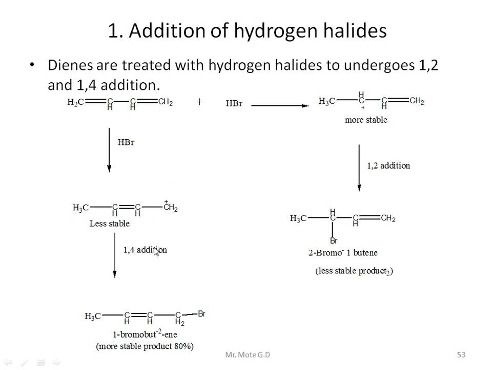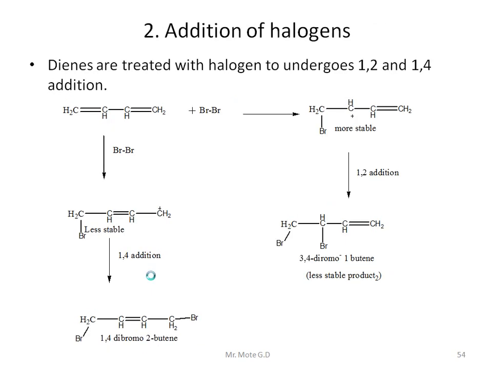It is less stable. An addition of Br to this forms 1-bromobutene. It is the more stable product. The percentage chance is 80%. This is the electrophilic addition reaction, also called addition of hydrogen halides to the conjugated diene. Then second, addition of halogens.